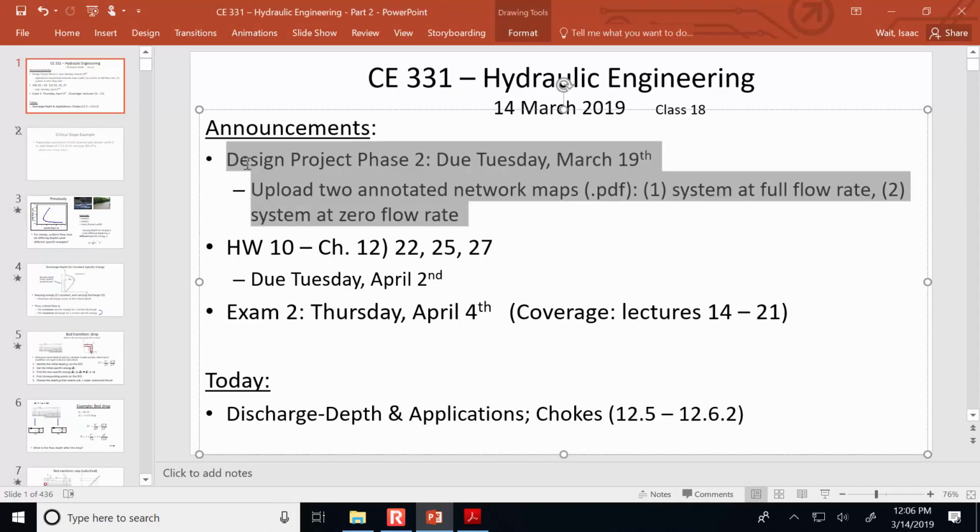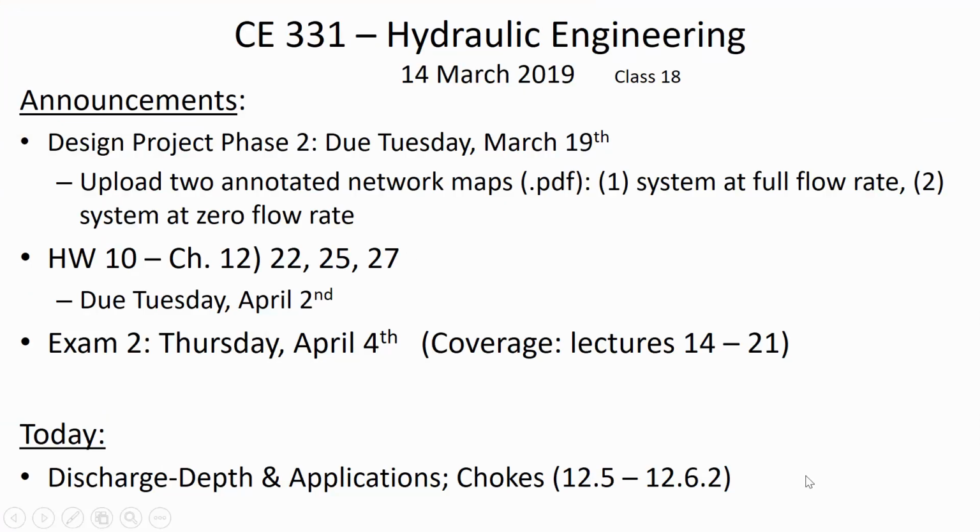The first is that on Tuesday you're going to upload 2 maps. One of the maps is showing me your system performance under the design flow rate. The other map is showing me your system performance under static conditions, meaning no flow. The annotations that are required, I showed you that in class last time.